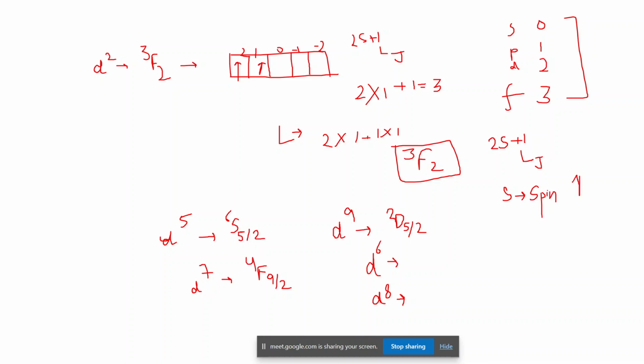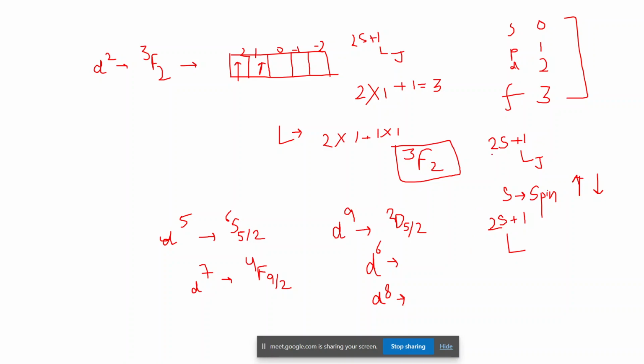And 2S plus 1 is the spin multiplicity. L is the orbital angular momentum and J is the total angular momentum.